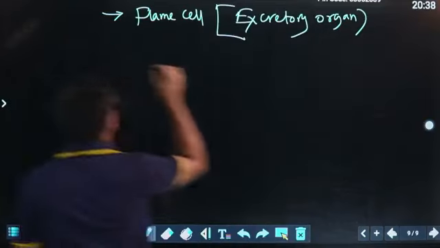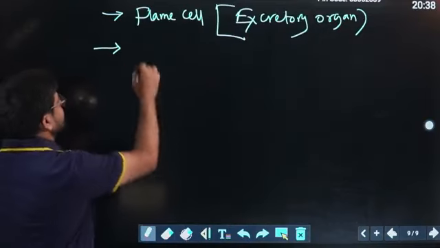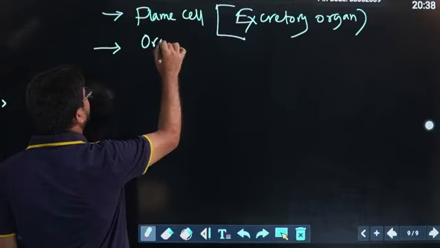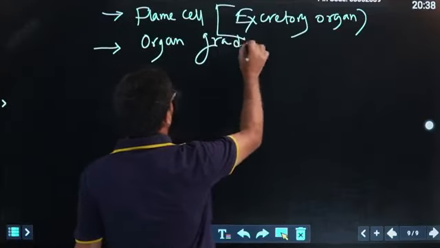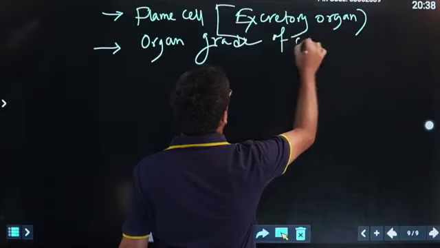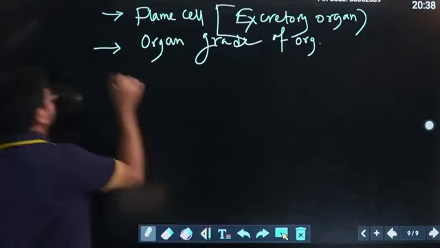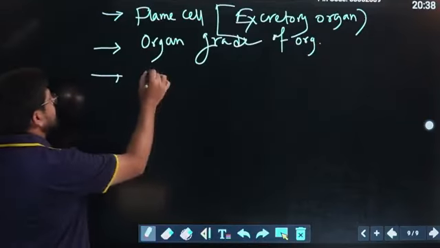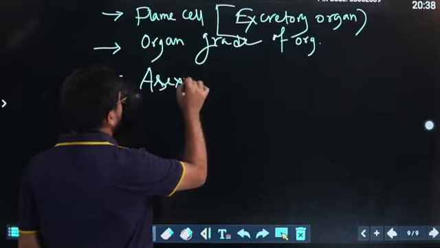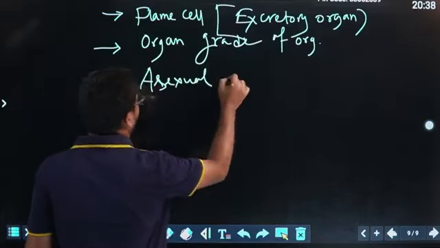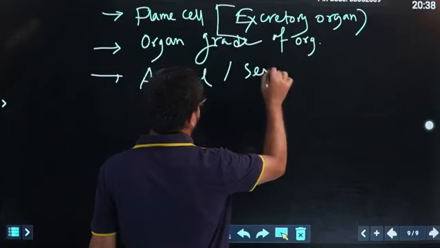Okay. Next, you will see the grade of organization. They have organ grade of organization, or tissue-organ grade of organization. Next thing is that they reproduce by asexual or sexual process.